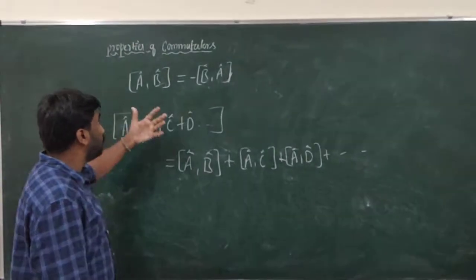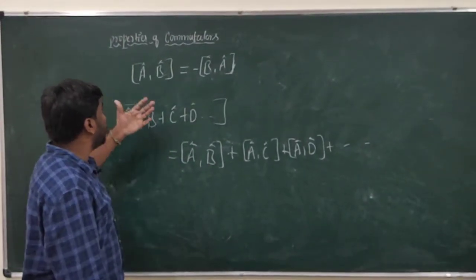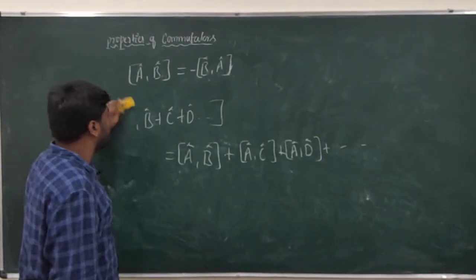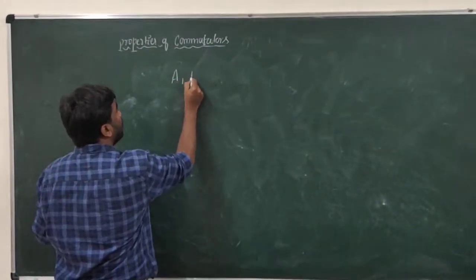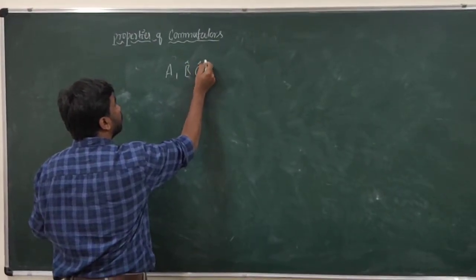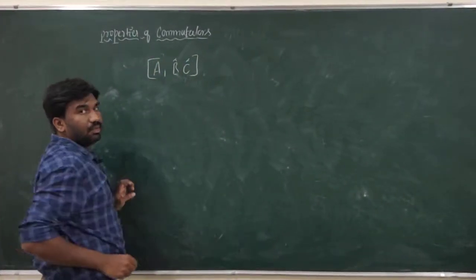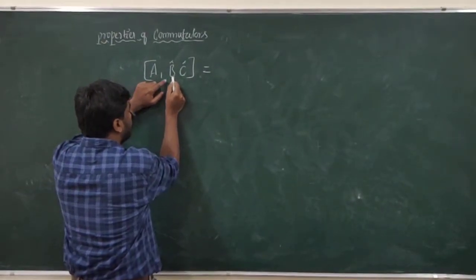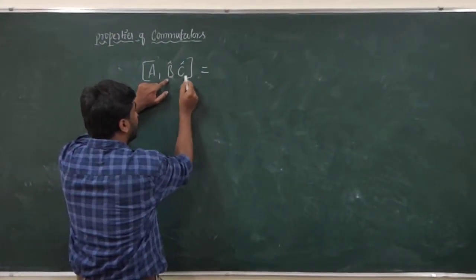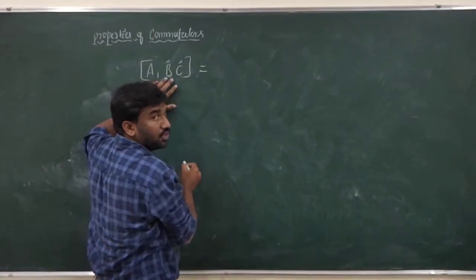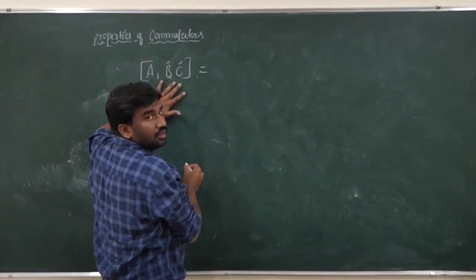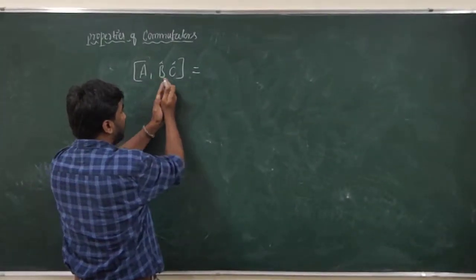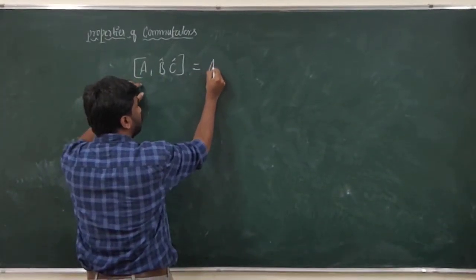Okay, and these commutator relations also obey the distributive property. [A, BC], which is equal to, we can write this. See, while writing this commutation relation, order is very important. These are operators, so order is very important. So first we have to move from the left side.